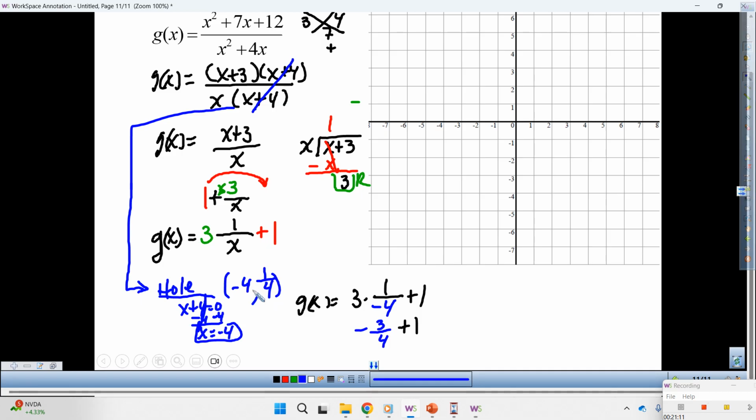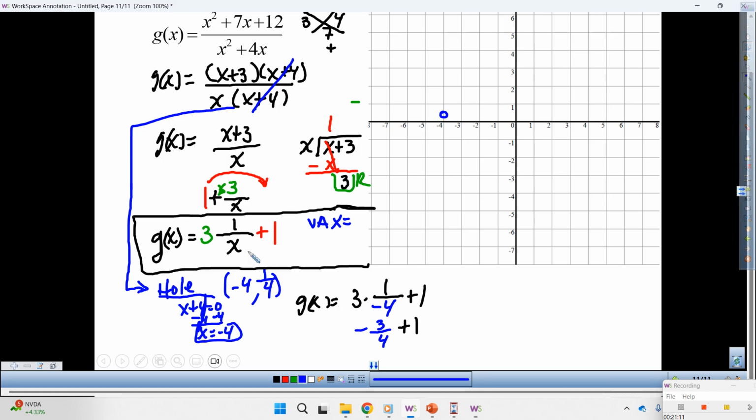So let's graph our whole. Negative 4, 1/4. Right there. And now let's graph our new function, which is this one. So, VA x equals what? Tell your neighbor what the VA is. What is our VA? Is there anything next to the x?